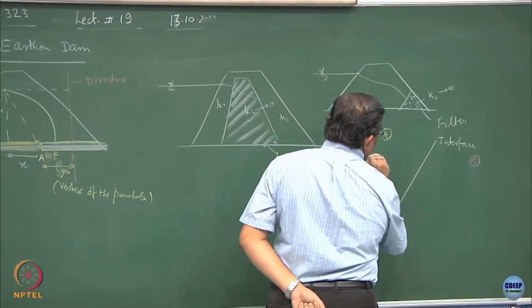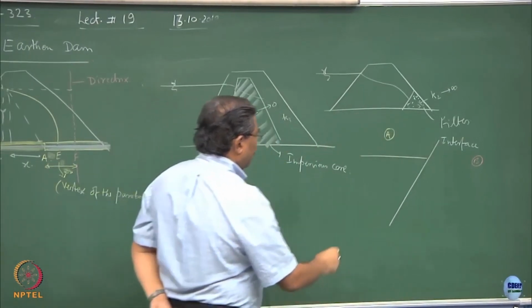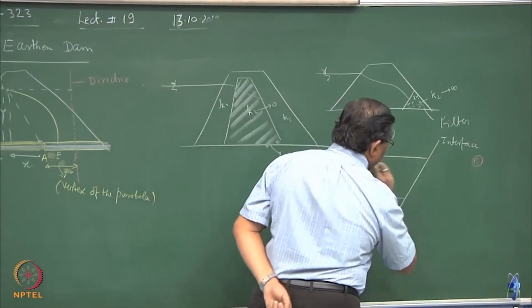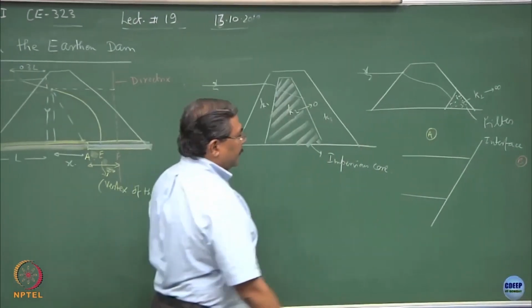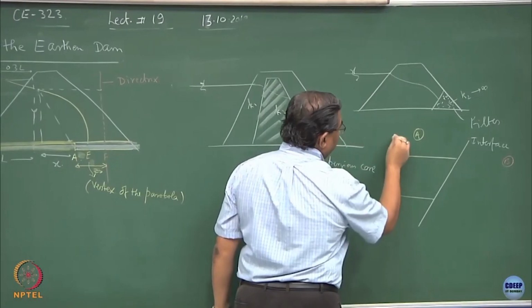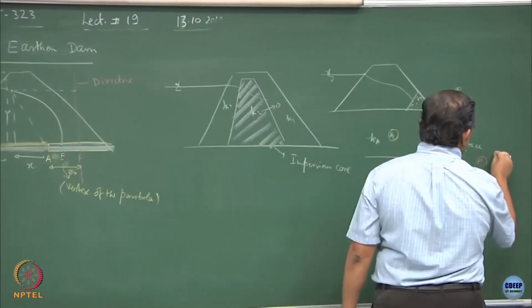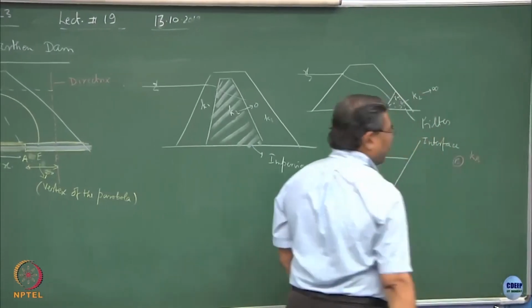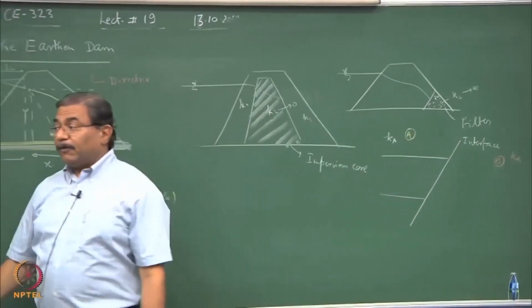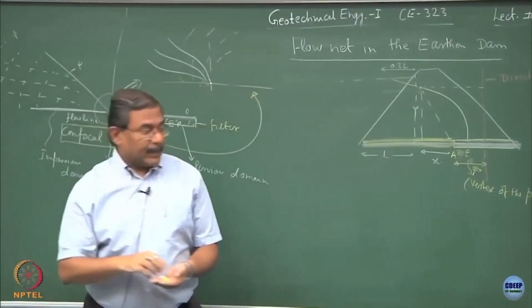If I draw a channel of flow, clear. So, this is material A, permeability is Ka, this is material B, permeability is Kb. Now, the question is you have to find out what is going to happen to these flow lines when the interface is there.